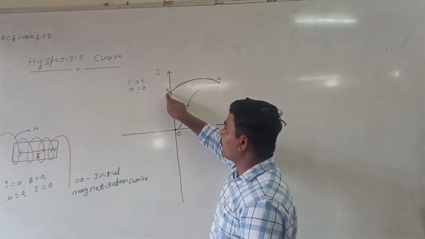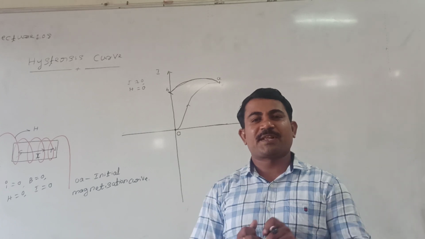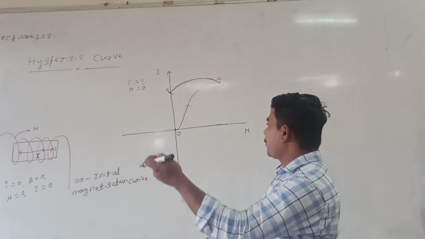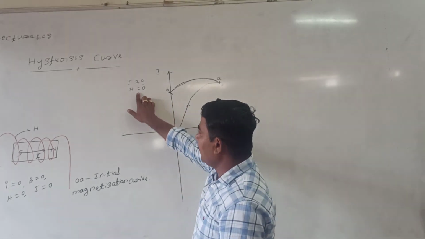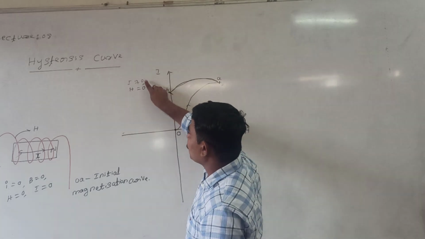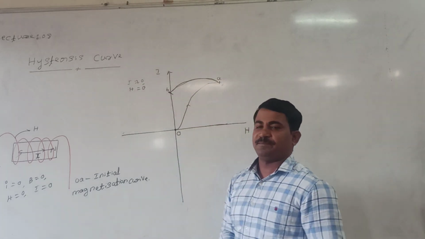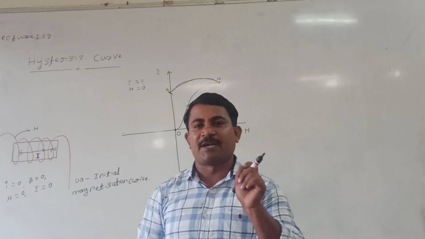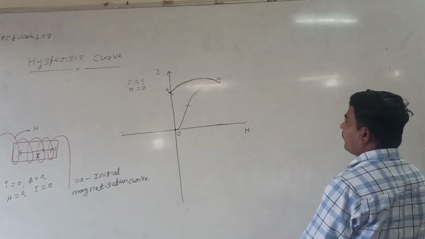This property we call retentivity. What is retentivity? Even if you remove the external magnetic field, the ferromagnetic material shows magnetization. That property we call retentivity.